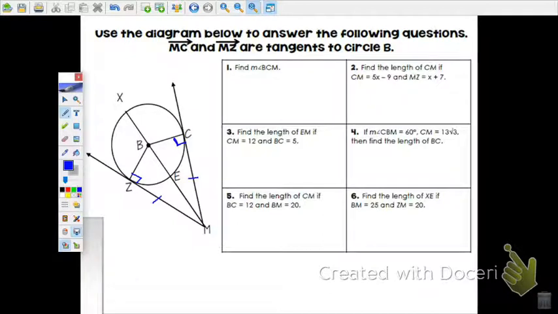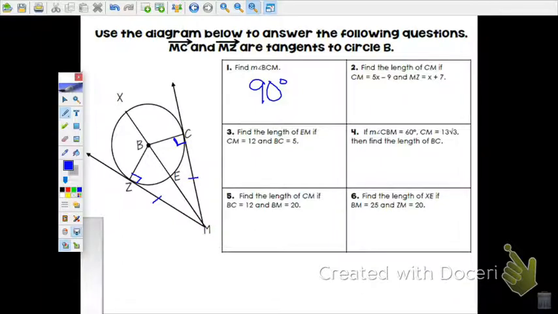So number 1 wants me to find the measure of angle BCM. What is the measure of angle BCM? 90 degrees. We said that was a right angle. Those are perpendicular, so it's 90 degrees.